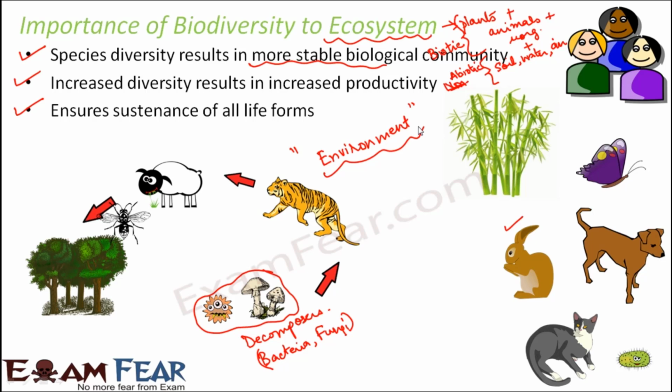In such a situation, there is an adverse impact on the environment also. For example, let me take the example of plants. If the number of plants keeps reducing for some reason, let us suppose we start cutting down all the plants, what will happen? Gradually the number of plants will keep decreasing.